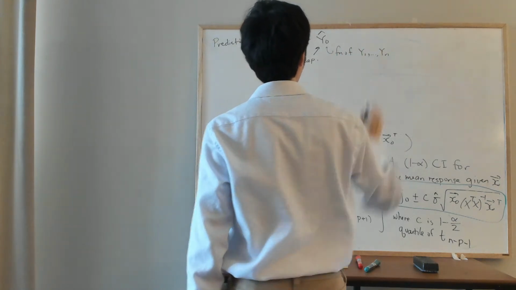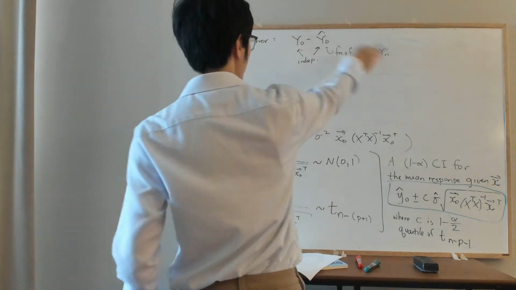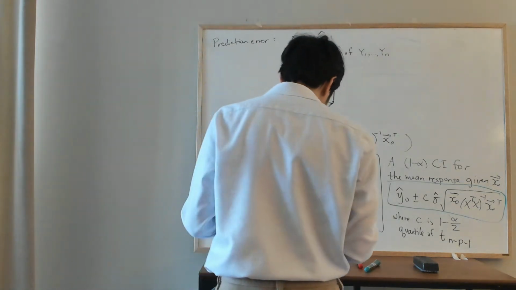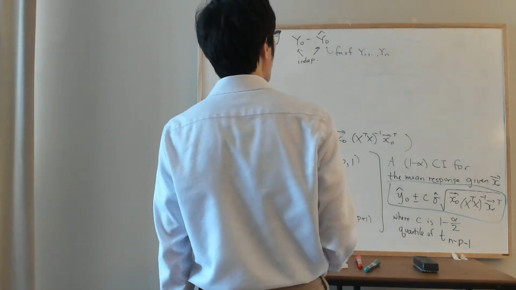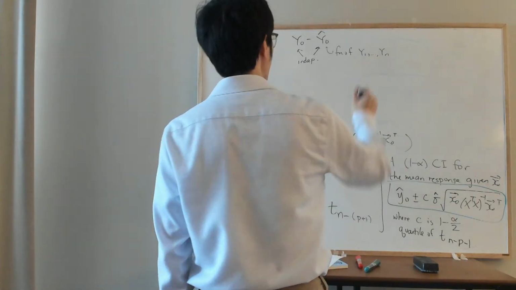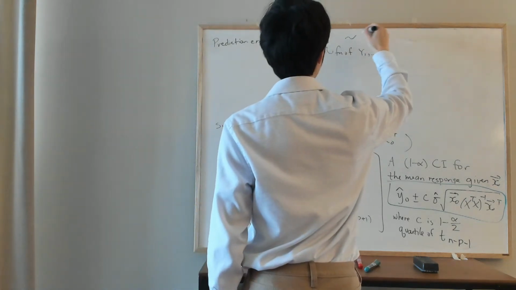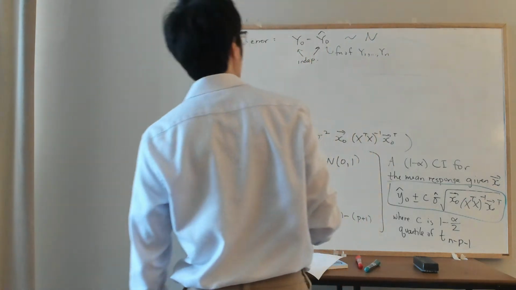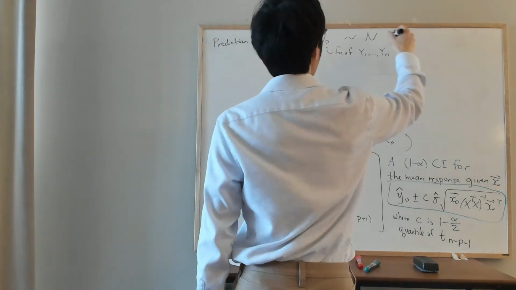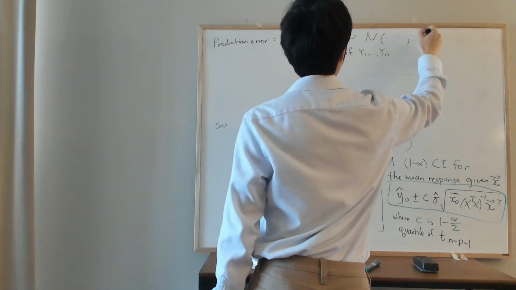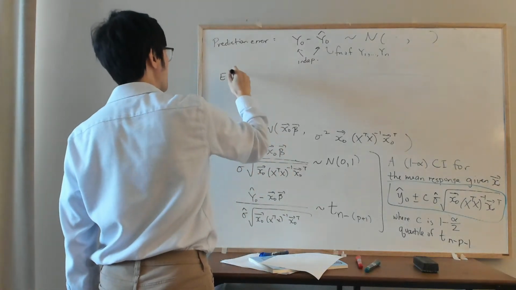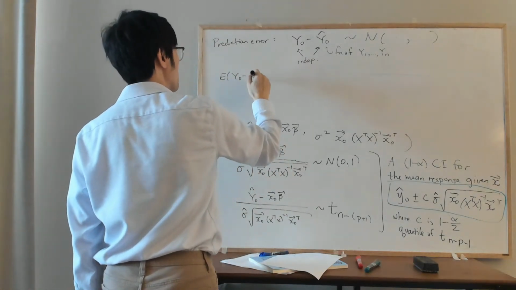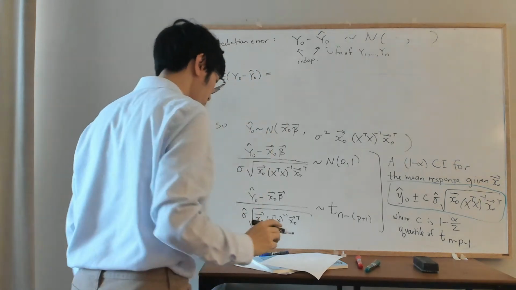Everything in here is independent and normally distributed, so we know this is going to be normal as well. Then we just need to find the mean and variance. So let's do that: the expectation of y0 minus y0 hat.